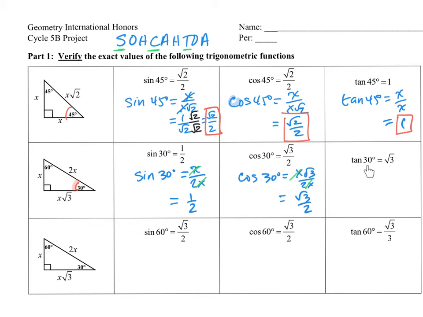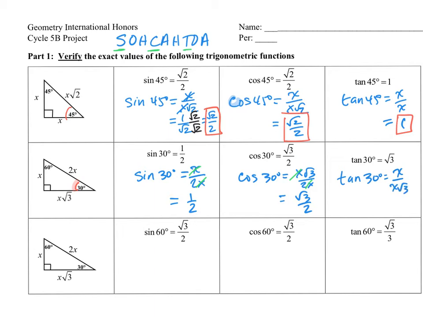And then the tangent of a 30-degree angle, let's verify that that's equal to the square root of 3 over 3. So remember, tangent is equal to opposite over adjacent. So with respect to this 30-degree angle, the opposite side is x, the adjacent side is x square root of 3. So tangent of a 30-degree angle is equal to opposite over adjacent, that is x over x times the square root of 3.